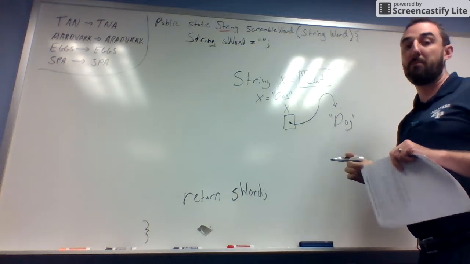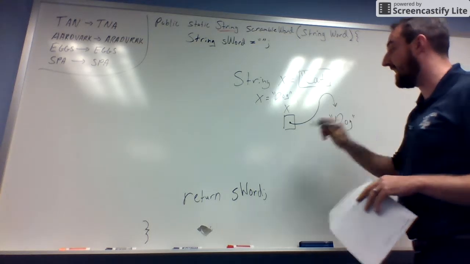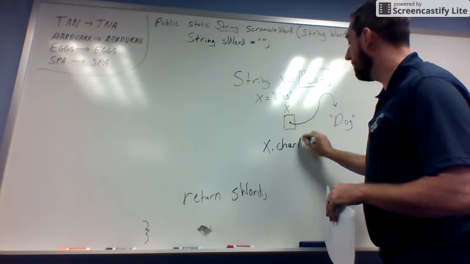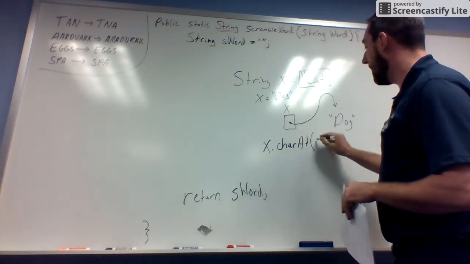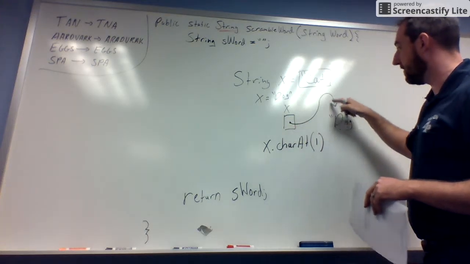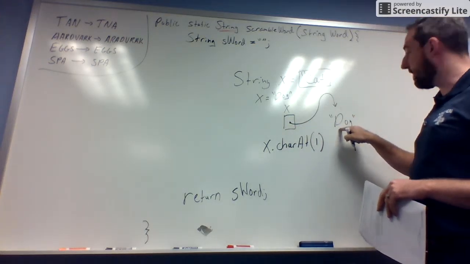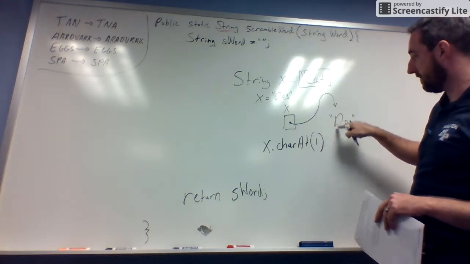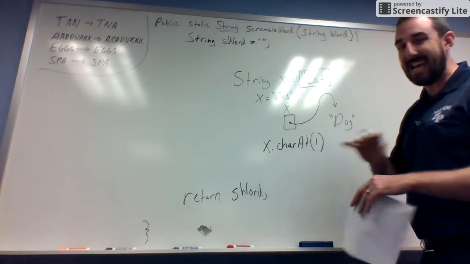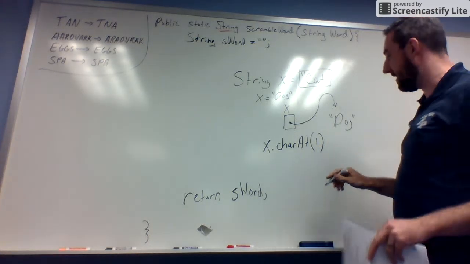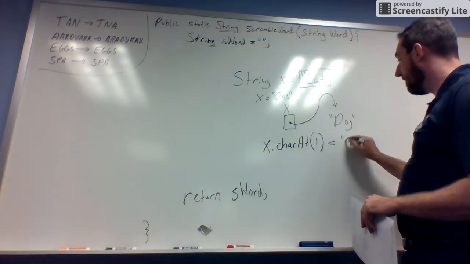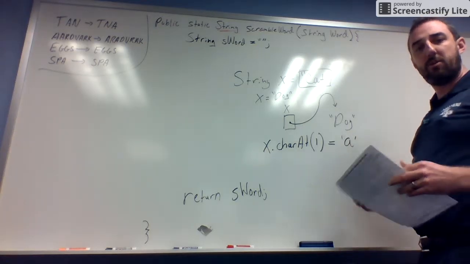This is also really important because if you try to do things like x.charAt(1), so, hey, x dot, follow the reference. So I'm talking over here. What's the character at 1? 0, 1. That's an O. It sends back an O. I can't say that equals A. I can't do that.